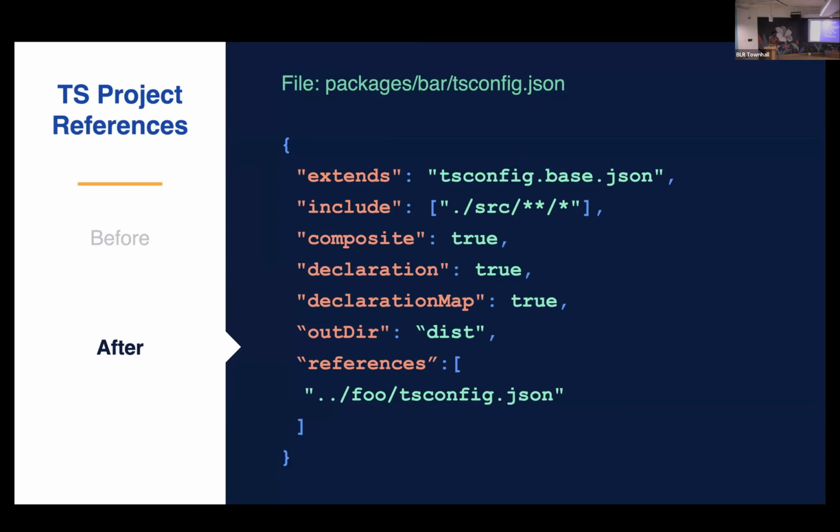This is a property that helps the IDEs navigate to the original file instead of the dist file. The other main property is references. You need to tell TypeScript what projects your project is dependent on, so that TypeScript can do the type checking in an incremental way. We'll talk more about that later on.